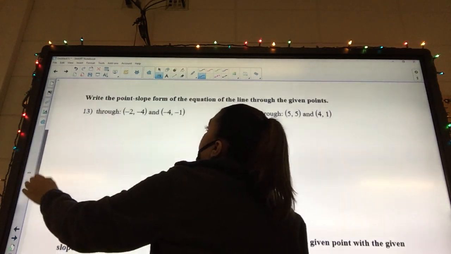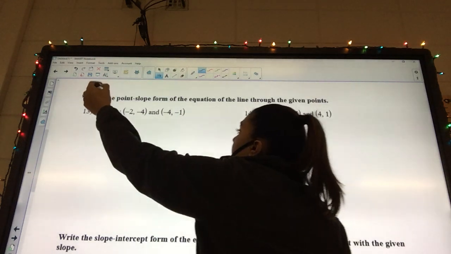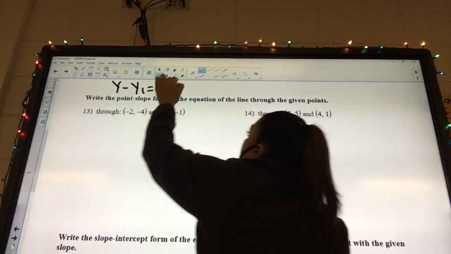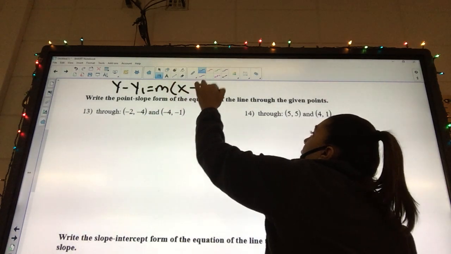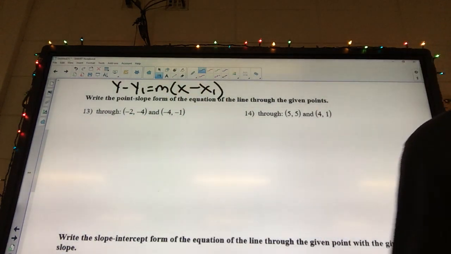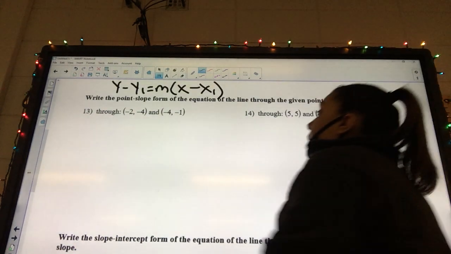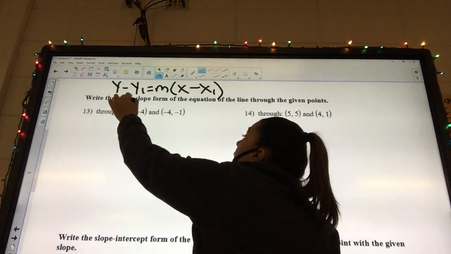Okay, look at 13. Well 13, same thing, it wants us to write point slope form. M times x minus x1. Okay, so you gotta do the y, the x1, the y1.